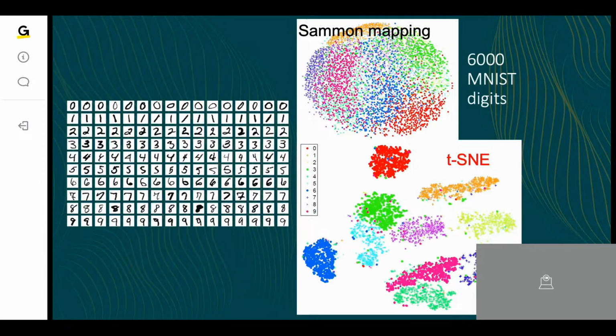But every other mapping technique that has existed has this problem that it is unable to segregate these handwritten characters very well. In the case of Sammon mapping, you would notice that these are quite overlapping, whereas what TSNE does is it's able to segregate these out quite well, with each of these colors denoting the corresponding character being written.